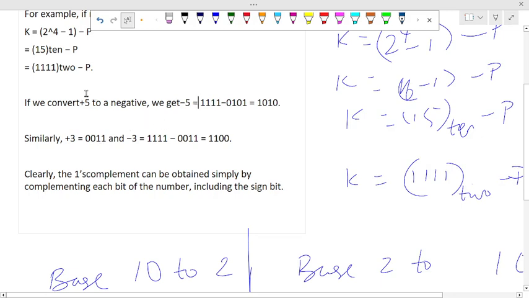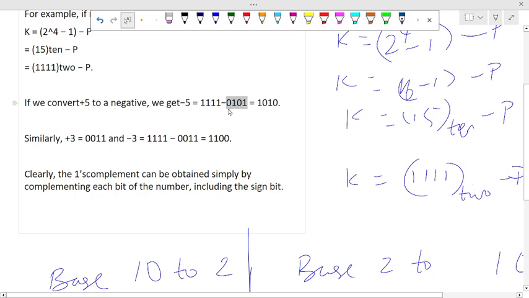Since 5 is a positive number, this place here will be 5, but 5 in base 2. Look at it here: 0101. This is 5 in base 2. Not just 5, oh, this is plus 5 in base 2.